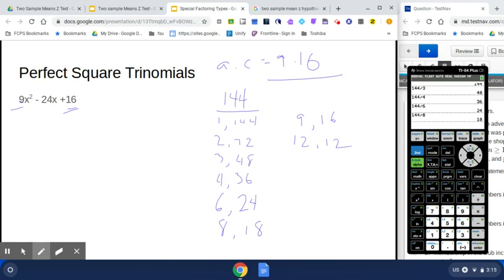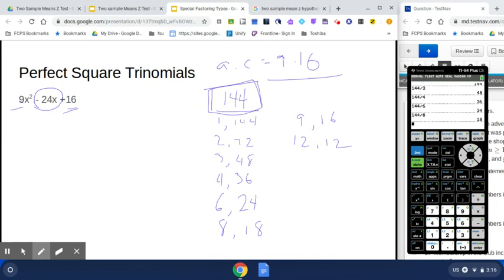I am looking for a negative 24 when I add those together. If I keep all of these positive, there's no way they're going to add up to a negative 24. But if I make one positive and make one negative, that's going to give me a negative 144 when I multiply. And I need a positive 144 when I multiply. So the only way that they could possibly multiply to give me a positive outcome and add to give me a negative is if both factors were negative.